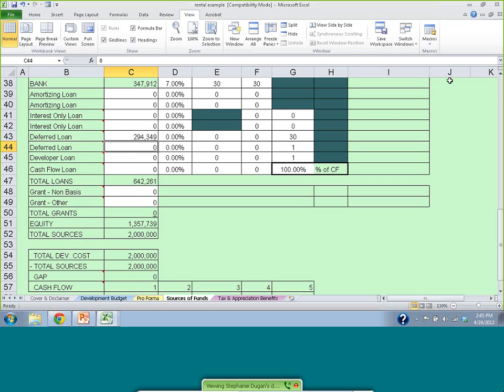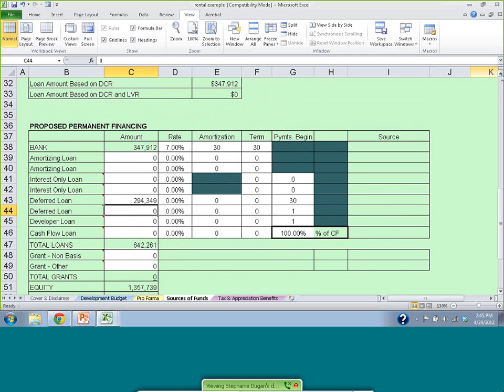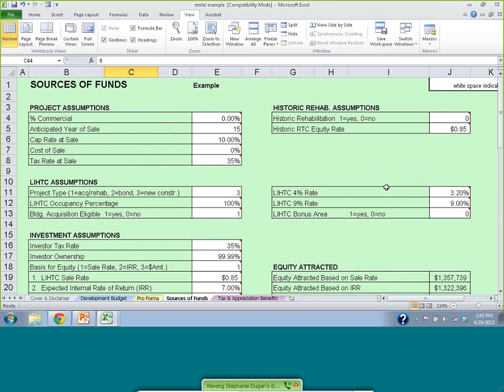Let's look at what happens if this project happens to be in a boost area. And we've got a toggle for that under LIHTC bonus area. We're going to change that to a 1. That means I should get more basis, and I should get more equity. So let's see what happens to our equity amount. It goes up by about $400,000.